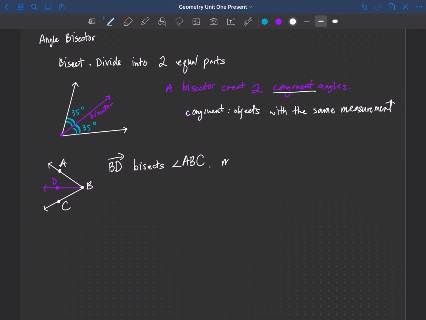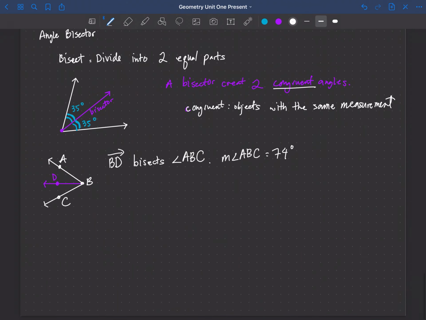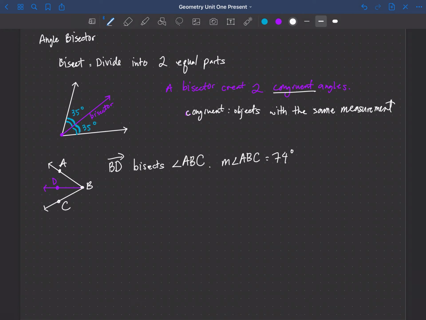Okay. I'm also going to give you that measurement of angle ABC equals 74 degrees. Okay. I want to find measurement angle ABD.